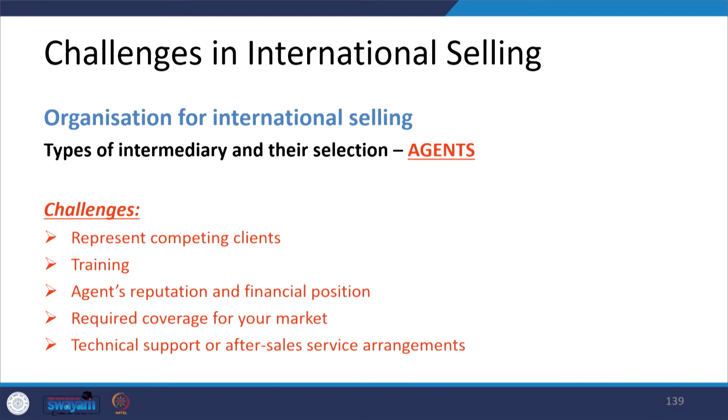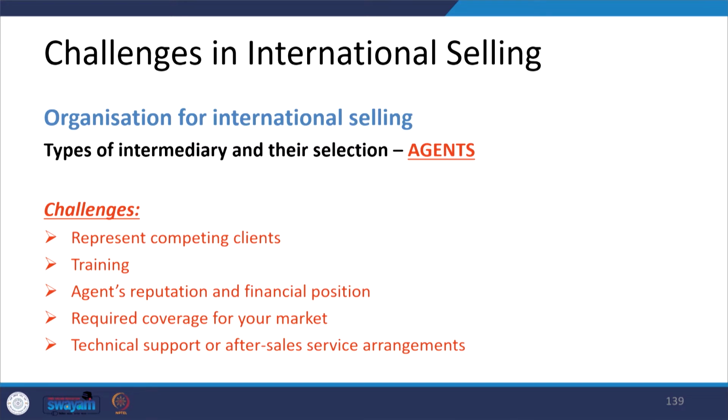They might have their own interests, so they may shift away from your orders and go for your competitors' products, generating demand for your competitors' products. So it's very hard to make out whether the particular agent is working fully for your benefit.